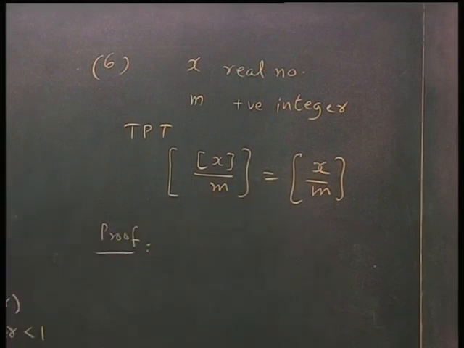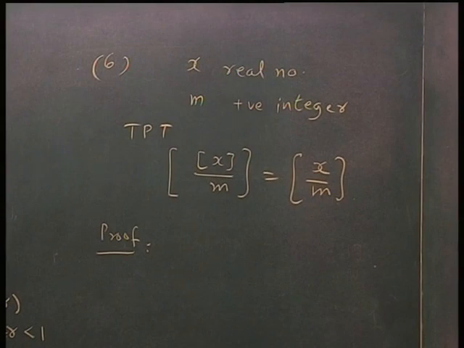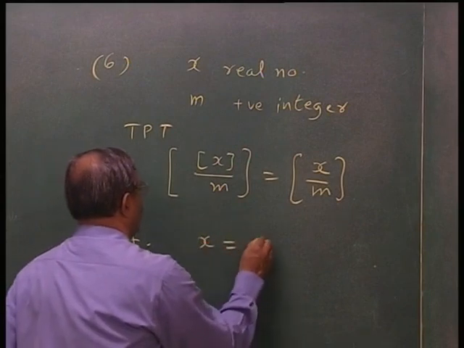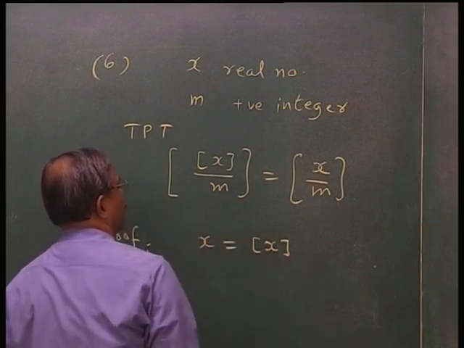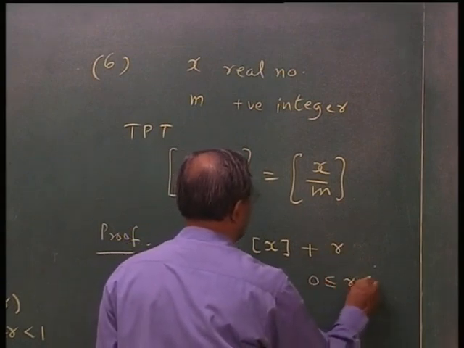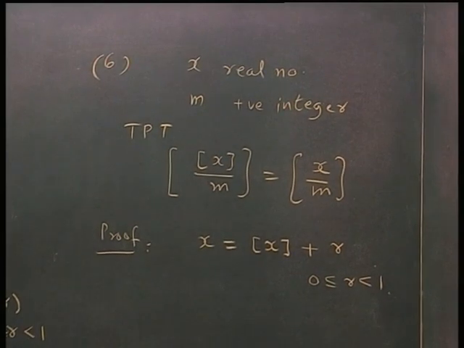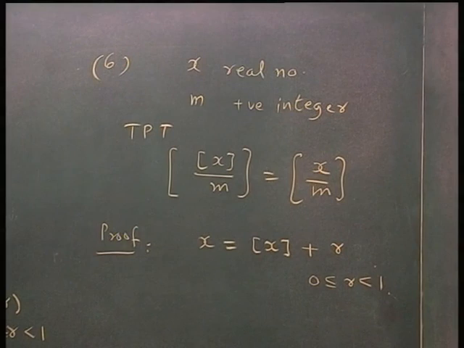You write down x. So x is equal to integral part of x plus r, which is fractional part, 0 less than or equal to r less than 1. So divide integral part of x by m and get some quotient and get some remainder.